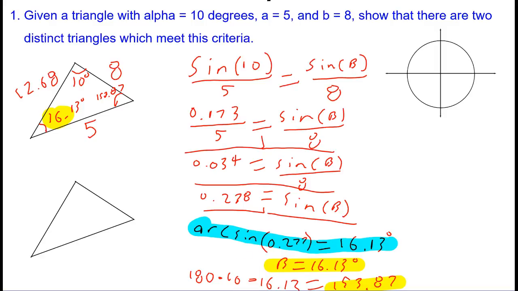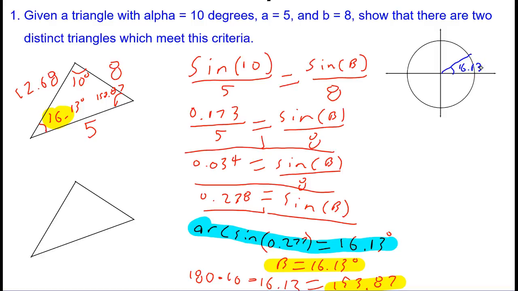So we'll use a nice blue color. Over here on this unit circle, after we determined that beta was 16.13 degrees, I'll fill that in right here. Let's say it's roughly about right there. It doesn't need to be exact, it's showing a model.